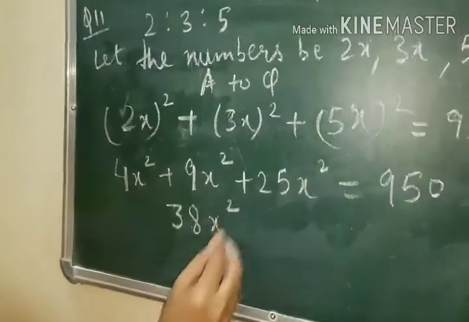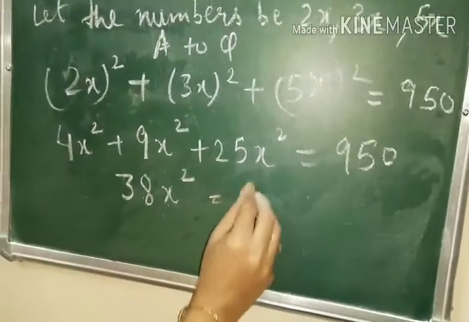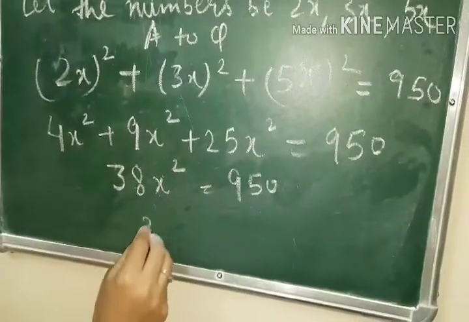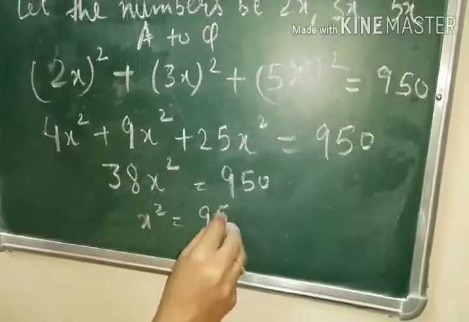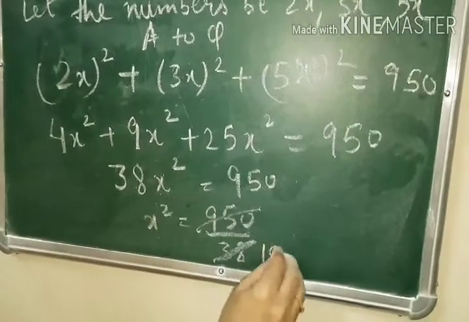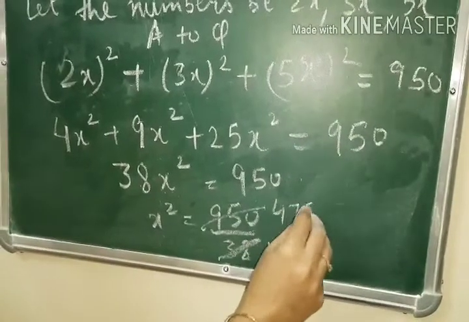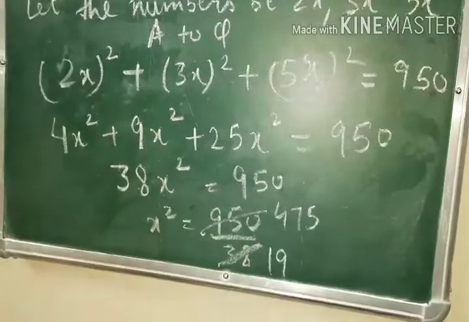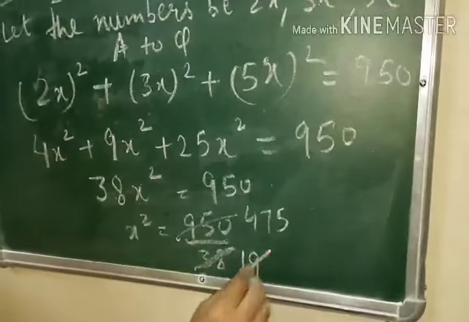And it will be 38x square is equal to 950. Again take 38 to this side and do the cuttings. 2 19s are 475. Now as 19 is a prime number, so it will cut only by 19 only.